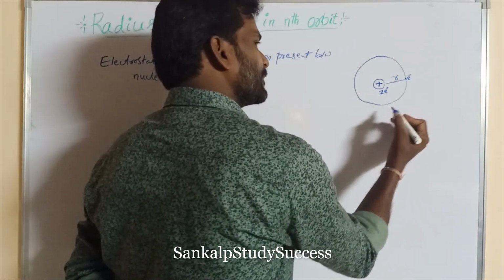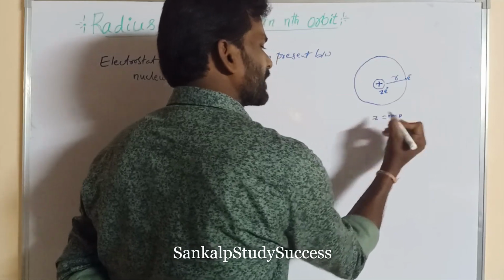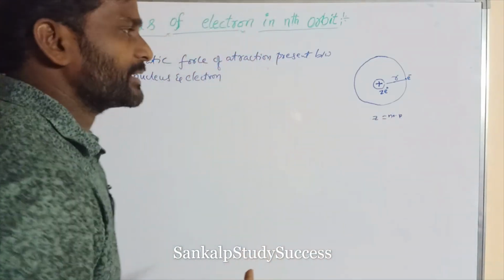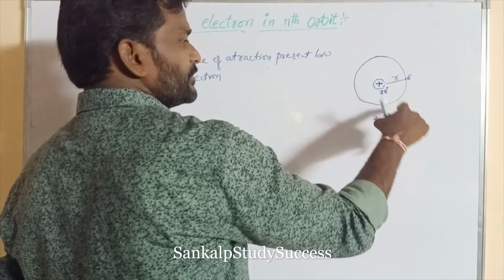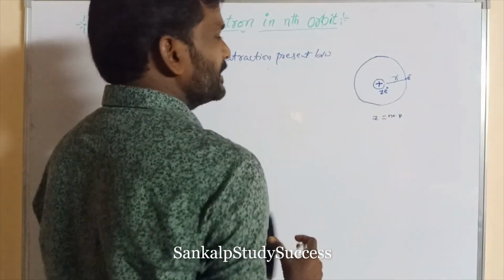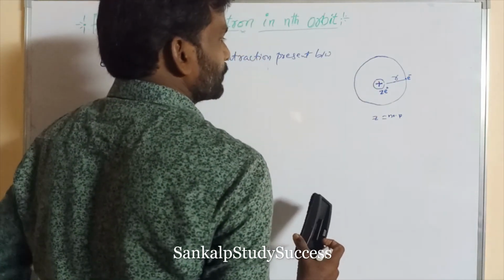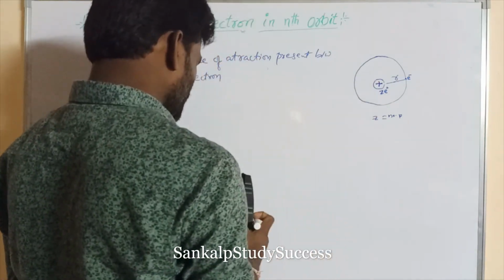The number of protons is equal to the atomic number. If 2 protons are present in the nucleus, its atomic number is 2. Similarly, here Z protons are present in this nucleus.